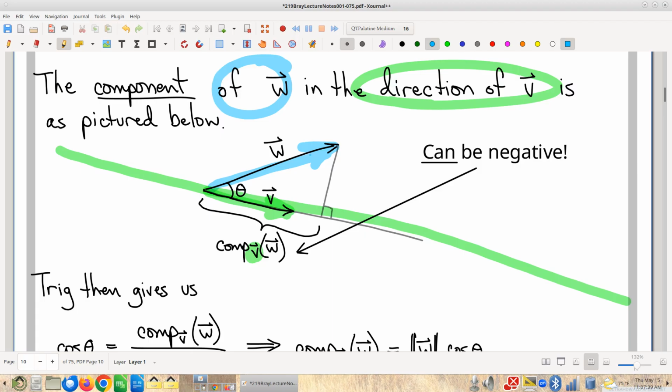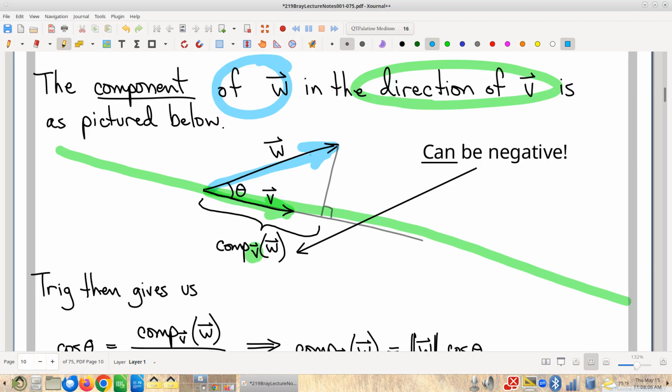It's got a certain amount of length to it, I suppose, but I don't really care about the length of w. When I say component, what I'm interested in is just the part that points in the direction defined by this direction vector v. I don't care about any of the other stuff. How far is it perpendicular to v? Don't care. We just want to know just in the direction of v, what are we talking about?